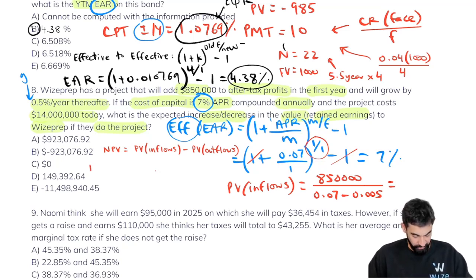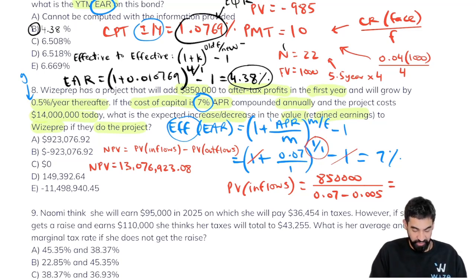So I'll just write it here. It's 13,076,923.08. That means all of these payments that you're going to be getting, they said in the first year, so in the first year means that's at year 1.